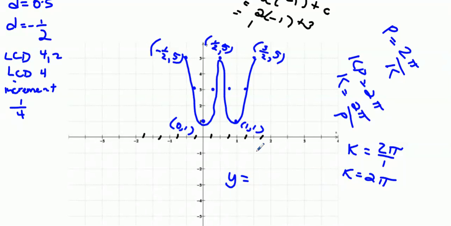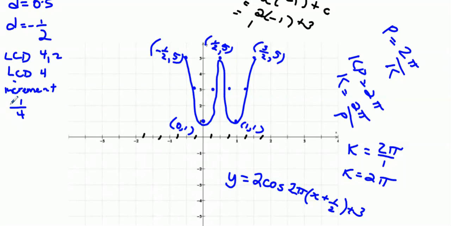We had an a value of 2, so this is going to be 2 cos 2 pi times your variable like x or theta, and then we had a phase shift left of -1/2, so we're going to put in +1/2 here, and then we shifted it up 3 units, plus 3.